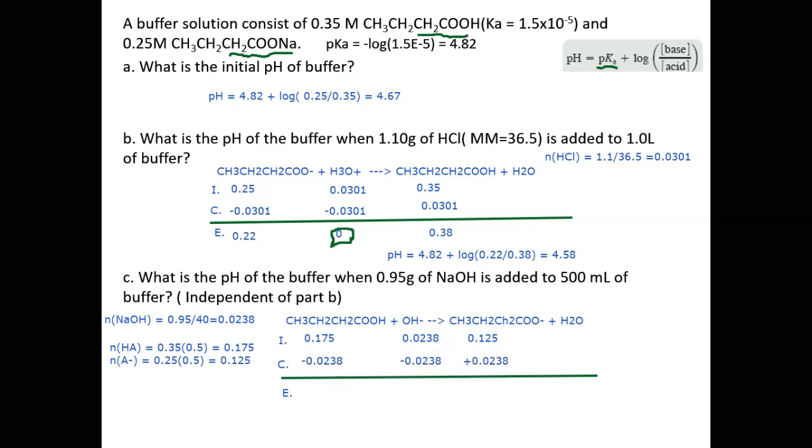So at equilibrium, now we get the moles of weak acid and weak base.